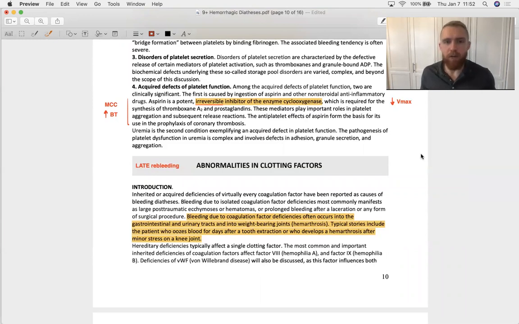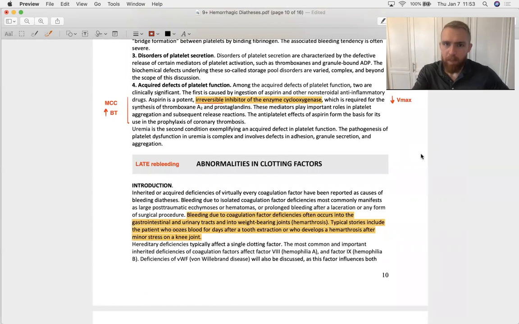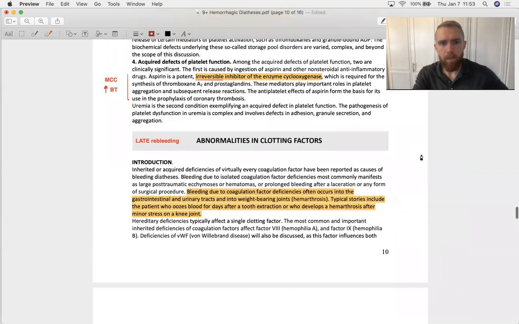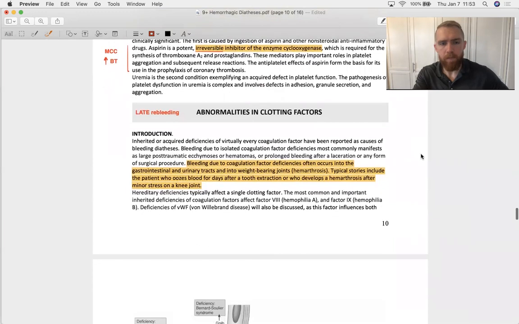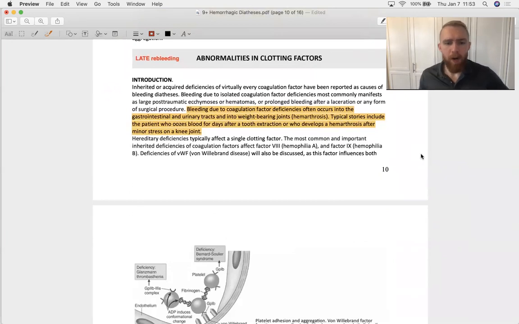And so it's going to decrease the maximal velocity of whatever reaction. So you can't overcome aspirin with more platelets, is what I'm saying. You really can't. So that's a bunch of platelet stuff right there.